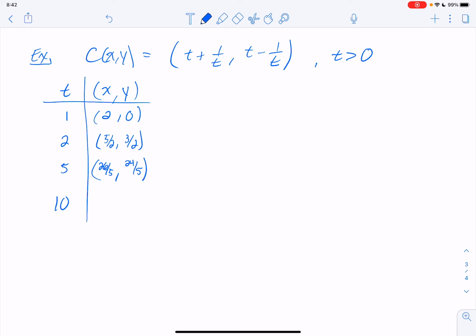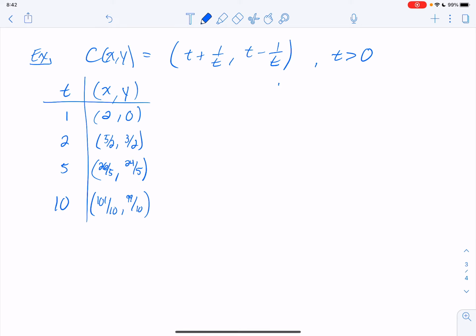And for 10, we're going to end up with 101 over 10 and 99 over 10. You can convert these into decimals if you'd like to make it easier to graph.